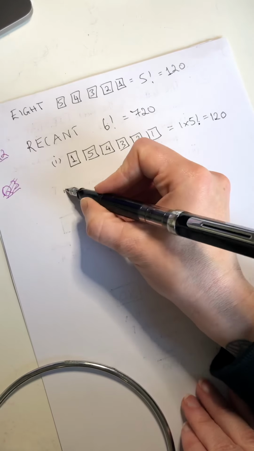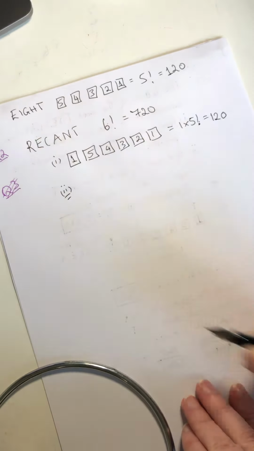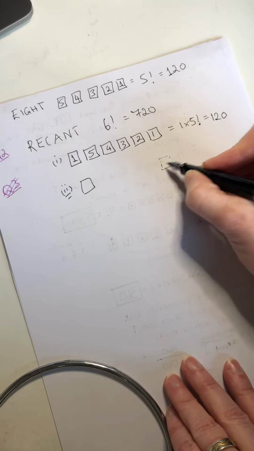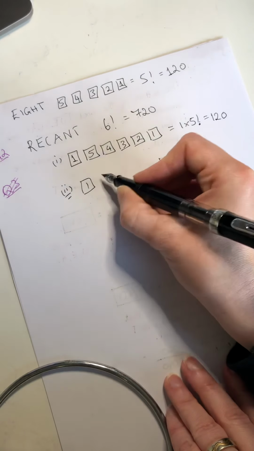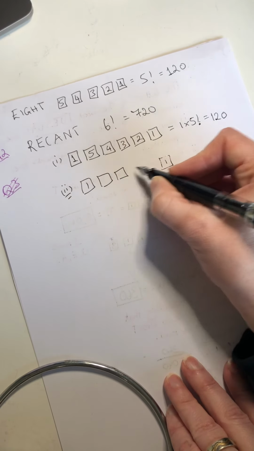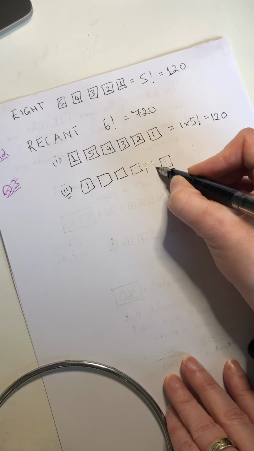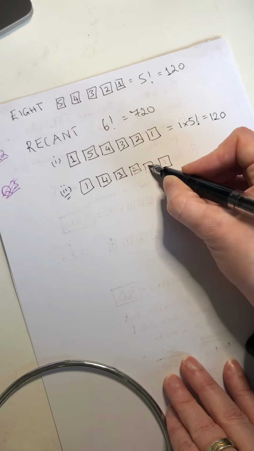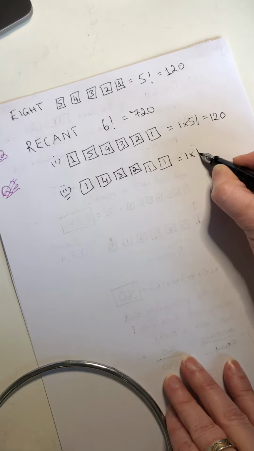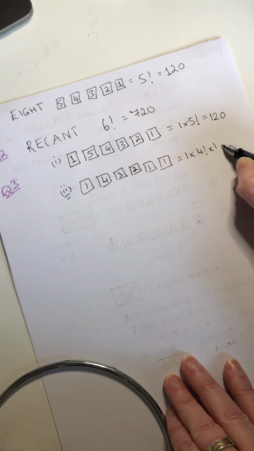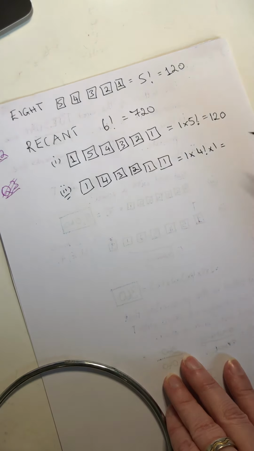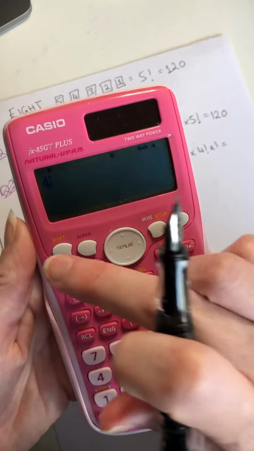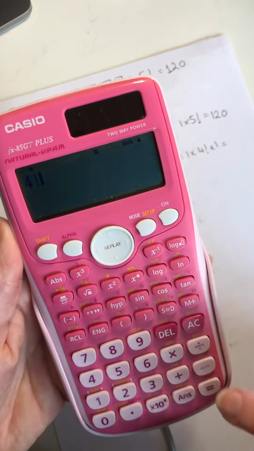Part 2. How many of the arrangements begin with R and end with T? So now I have reduced my options to only 4, 3, 2, 1, which is 1 times 4 factorial times 1, which is, double check, I think it's 24, but we can quickly check in the calculator.